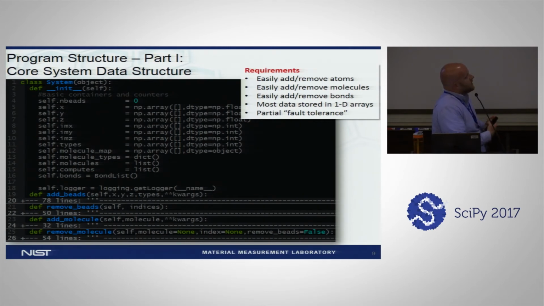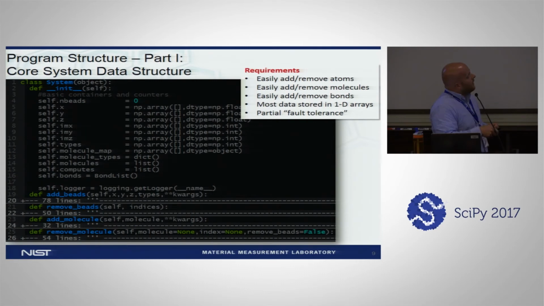When I was designing this class, the main idea I was keeping in mind early on is that I knew I needed to be able to add and remove atoms and molecules very simply. When you look at a lot of other molecular dynamics codes or Monte Carlo codes, this isn't necessarily the case, less so for Monte Carlo codes. A lot of times you find that they use fixed length arrays and they're relatively reticent to allow you to add and remove beads. But because of the nature of the simulation that I was using, I needed to be able to do that.